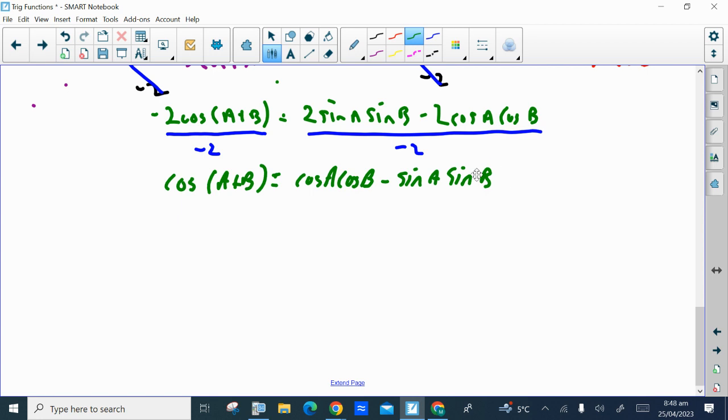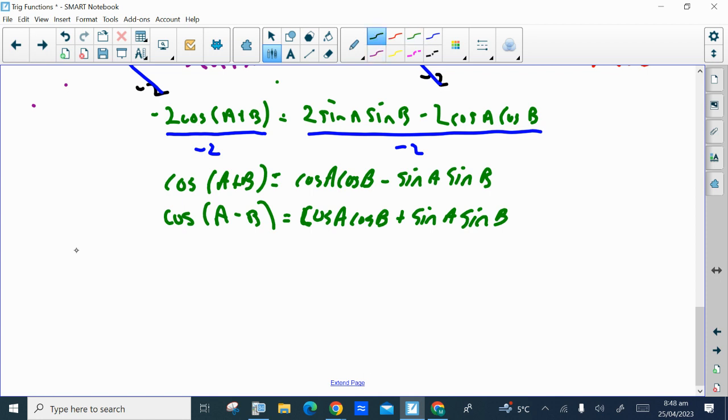But the sine of negative b is the negative sine of b because, again, you're in the fourth quadrant. So that actually changed this term to positive. The cosine of A minus b will equal cos A cos b plus sine A sine b. So there's the difference identity for cosine.